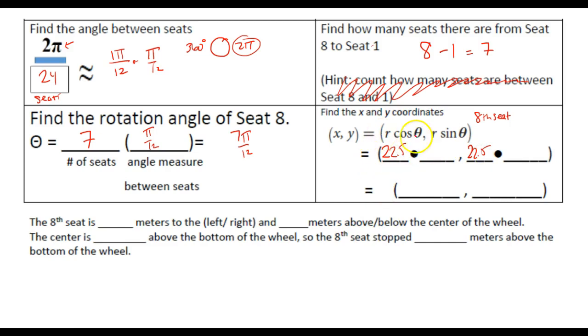Cosine of 7 pi over 12 and sine of 7 pi over 12. We're going to use our Desmos calculator again off screen. I'm going to show you how to do that to figure out our x and y, what our coordinate is for the 8th seat, and then we're going to try and fill in some of these sentence starters to finish out part A.